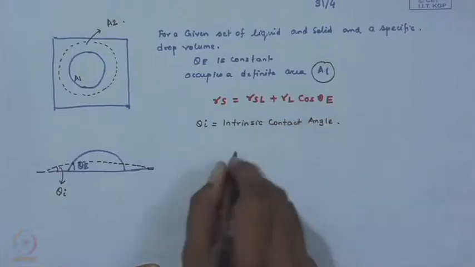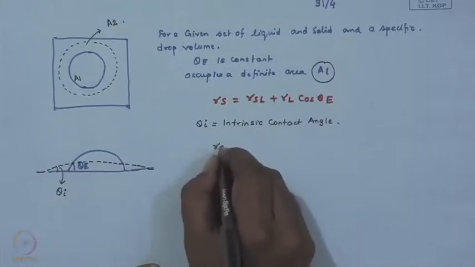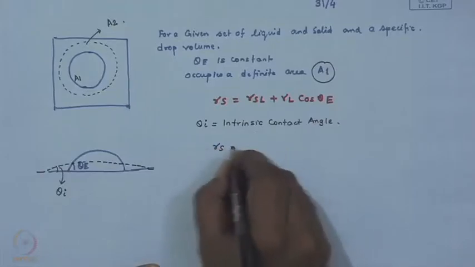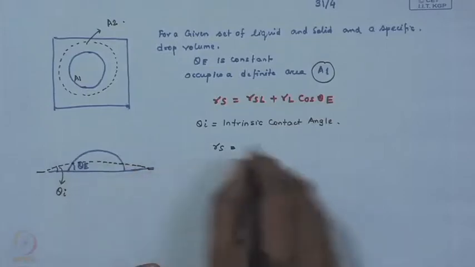So, if you now again write the Young's equation, the left hand side remains the same, gamma s.